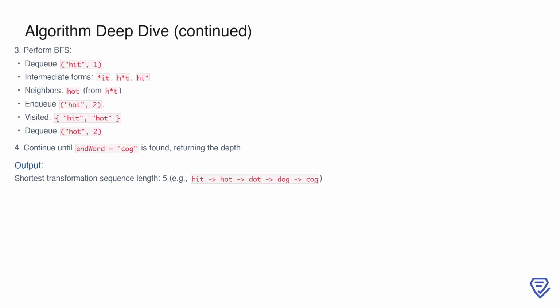The BFS continues by dequeuing hot and processing its intermediate forms in a similar manner, eventually reaching the end word cog. Once cog is found, we return the transformation depth, which in this case is 5. This corresponds to the shortest transformation sequence, hit-hot-dot-dog-cog. By leveraging BFS, intermediate patterns, and the visited set, we efficiently solve the problem and guarantee the shortest path.